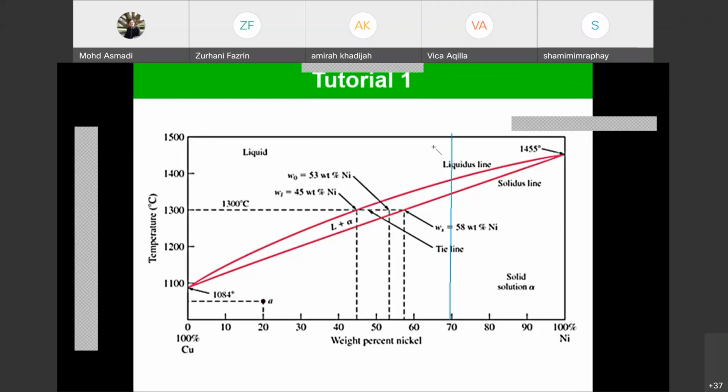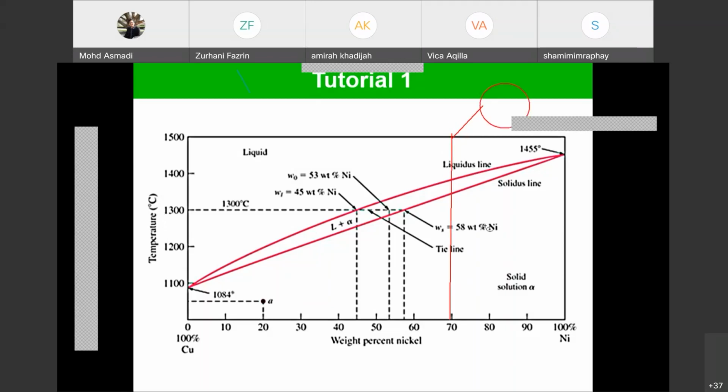Sketch the microstructure of the alloy at each of these temperatures by using circular microscopic field. At 1500, how do you draw? Sometimes I say use the 20 cent size or 50 cent size. So you just draw. This one is liquid.